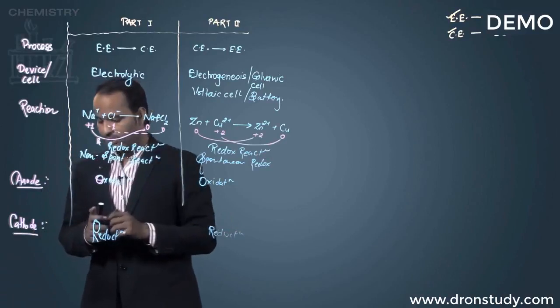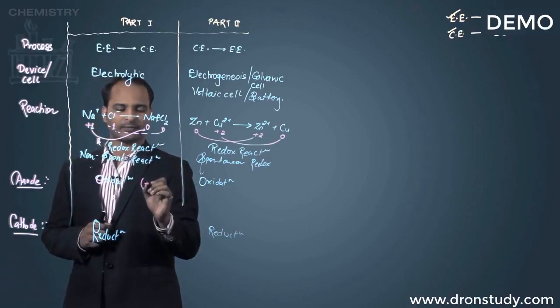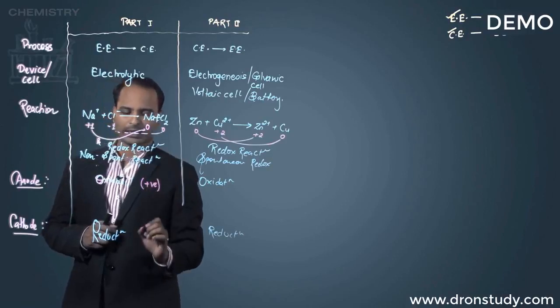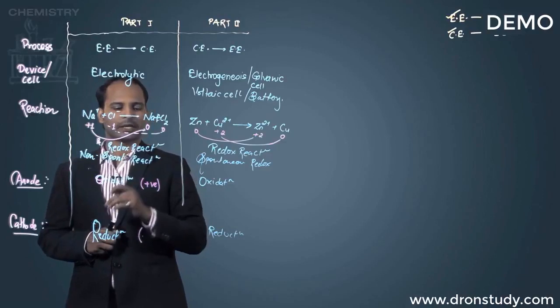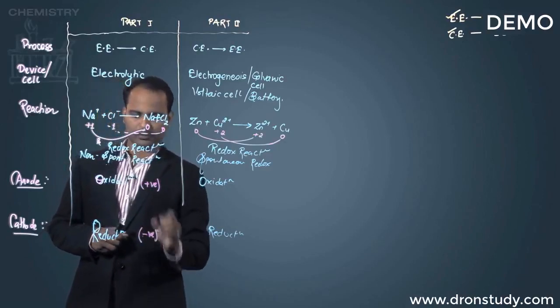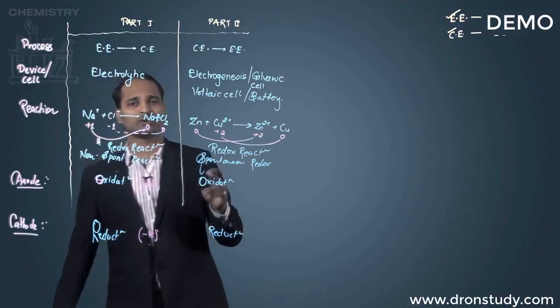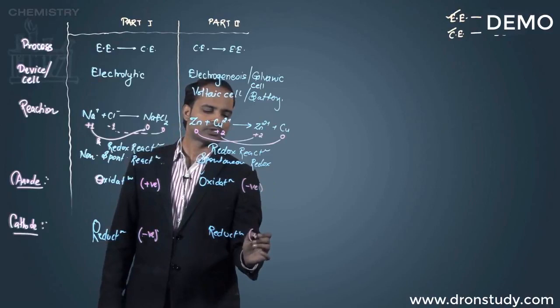Then what is different? In the case of an electrolytic cell, the anode is positive and the cathode is negative. While in the other case, the anode is negative and the cathode is positive.